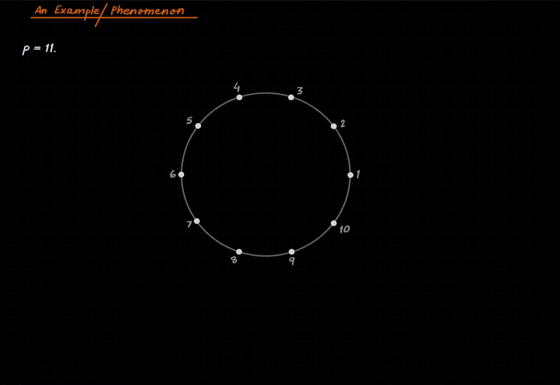So let's look at a phenomenon for a particular prime, which we will prove in general, and that general statement is Wilson's theorem. So we have this prime 11, and what are all the possible remainders that you get when you divide something by it? It's a set of 11 numbers.